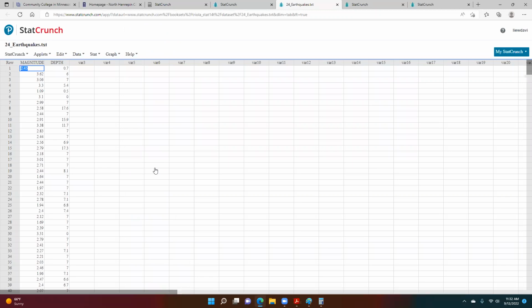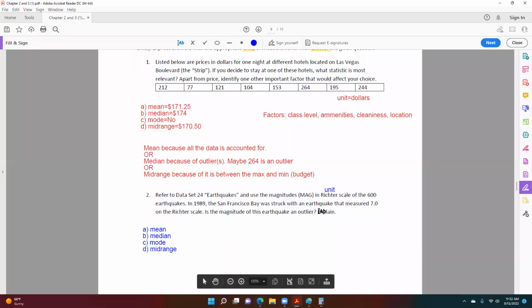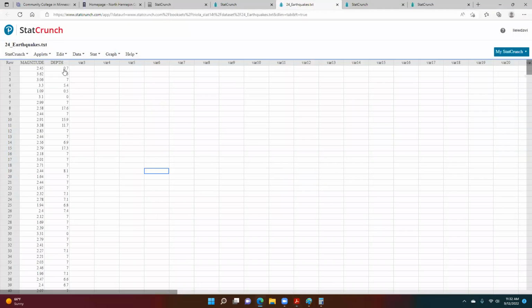If you click on it, there are two variables here: one is magnitude and one is depth. Our main goal here is just the magnitude, because the question is asking for the magnitude, not the depth. You need to find the mean, median, mode, and mid-range for the magnitude, and there are 600 data values in this case.